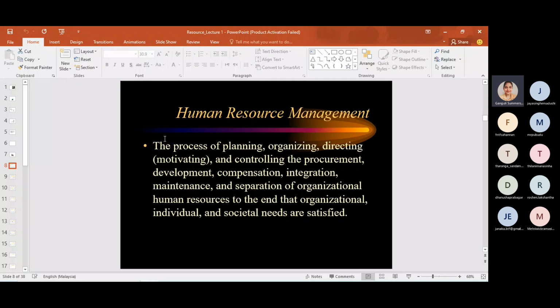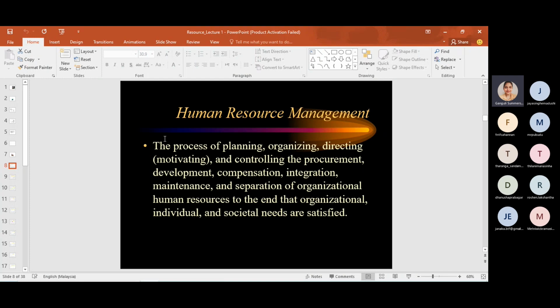Okay, so when you are running an organization, there are organizational goals to be met. There are individual goals to be met, and there are societal needs or societal goals to be satisfied.